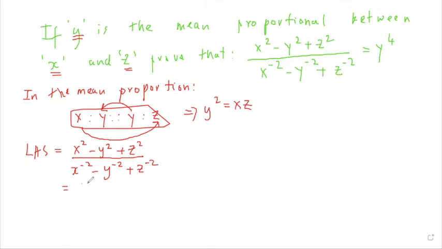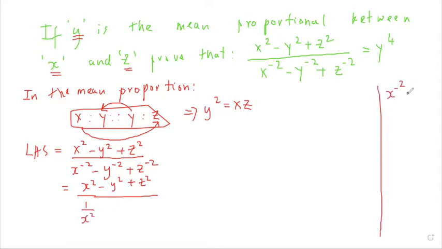This means x squared minus y squared plus z squared, and that minus 2 power: x power minus 2 is 1 over x squared, right? Yes, sir. So this is 1 over x squared minus 1 over y squared plus 1 over z squared. So you're following up to here, no problem. Yes, sir.